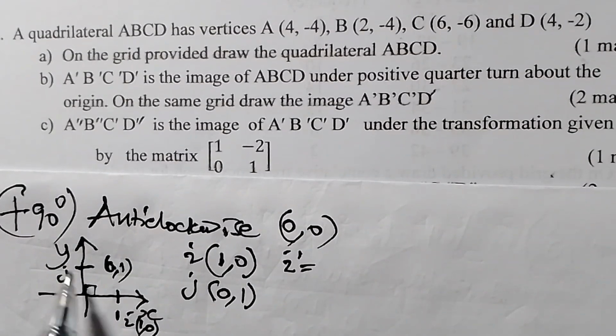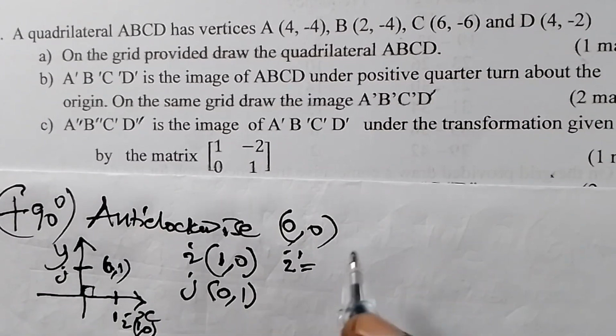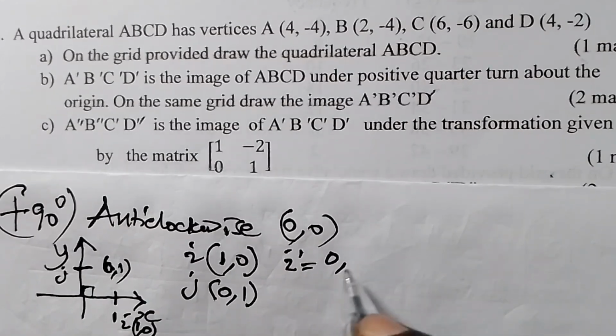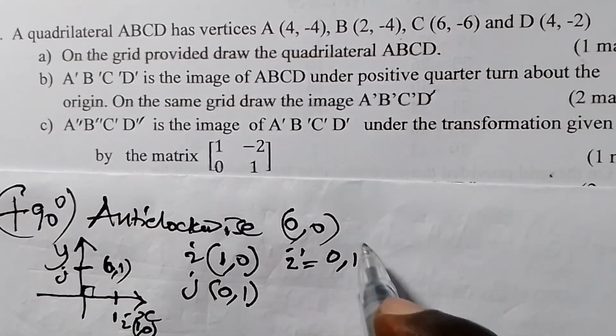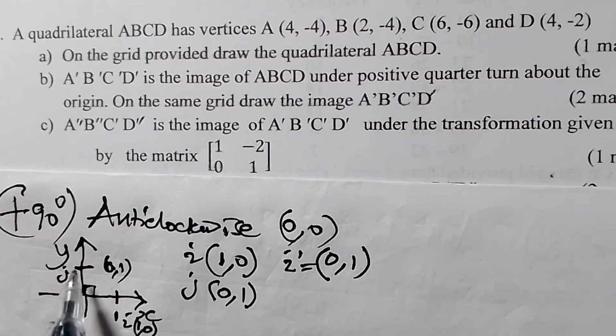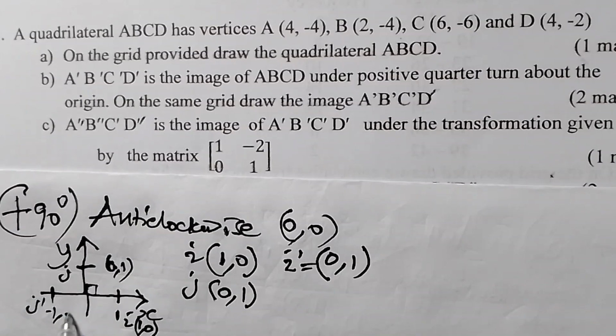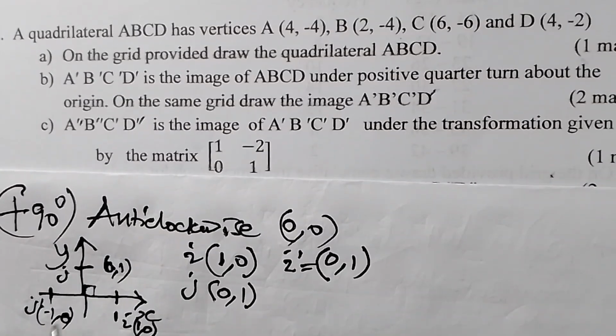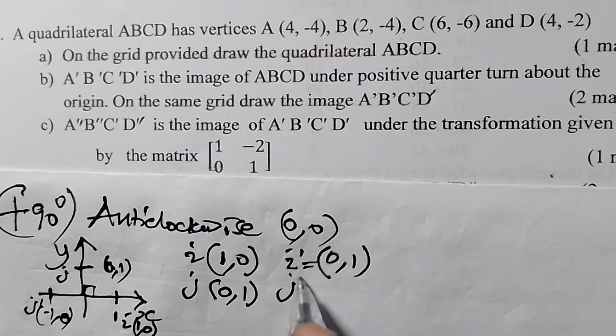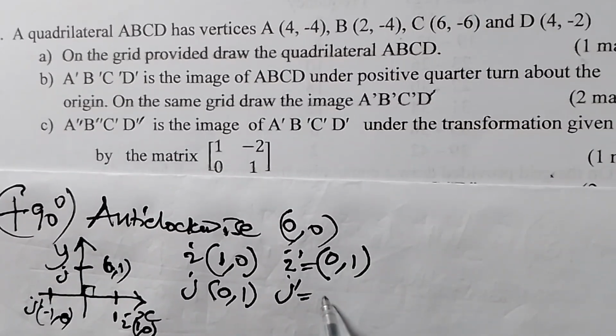It will map onto point J, so the new image point I1 will be (0, 1). And if we rotate J through 90 degrees anti-clockwise, it's going to map onto a new point J1, which will be (-1, 0).